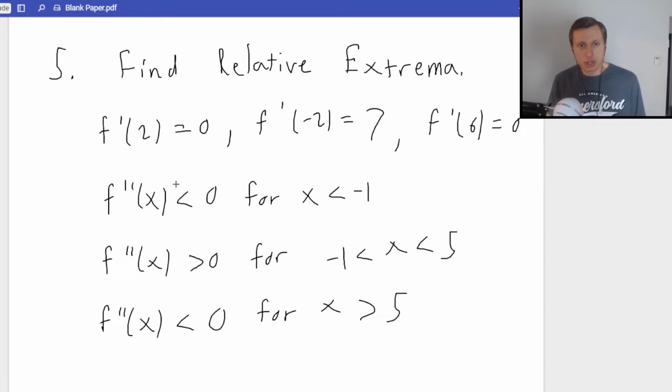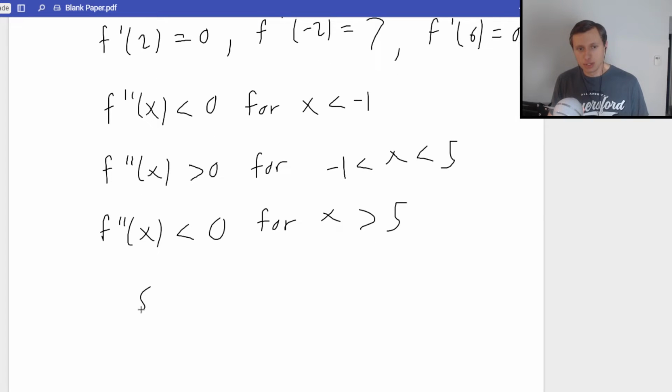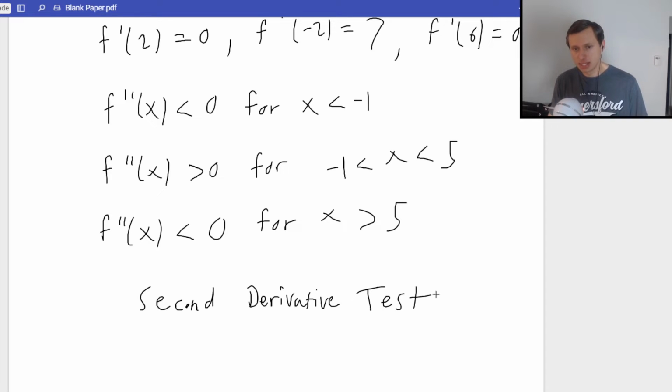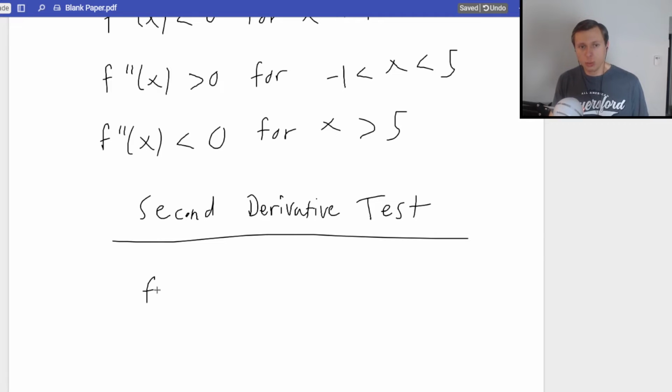Now, with the second derivative test here, the process starts out the same. In other words, you want to actually set the first derivative equal to 0. You want to find the critical points.